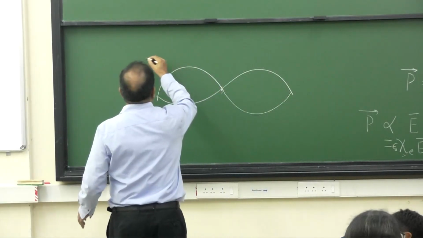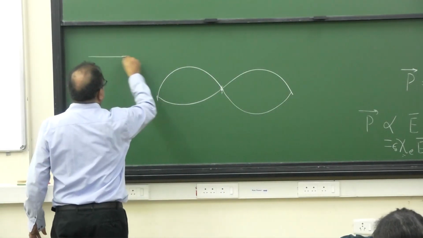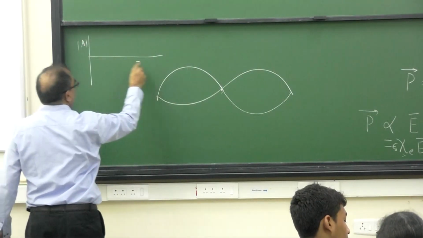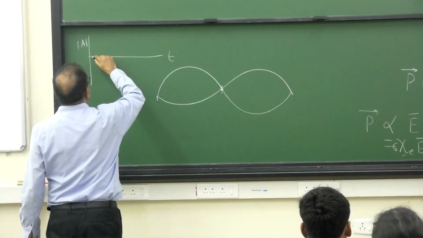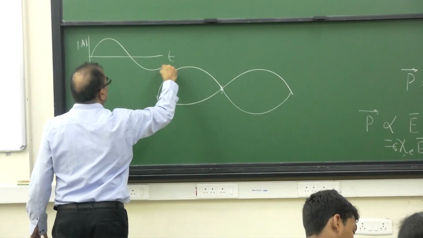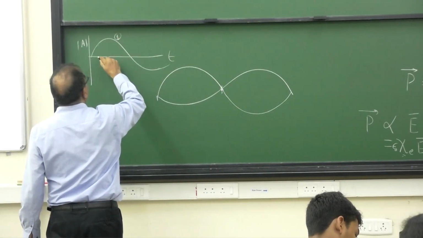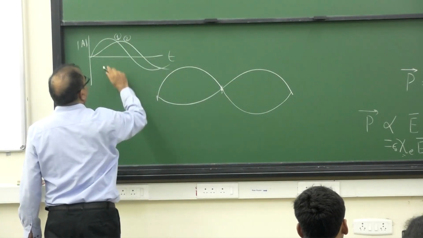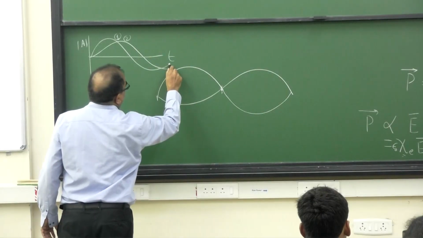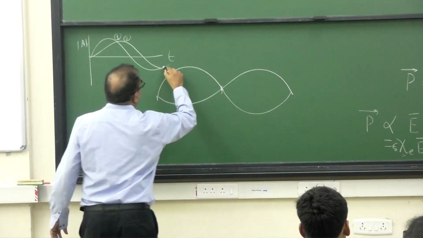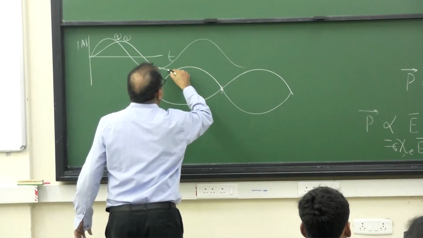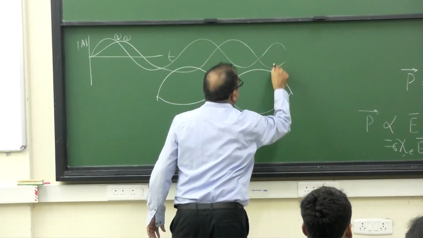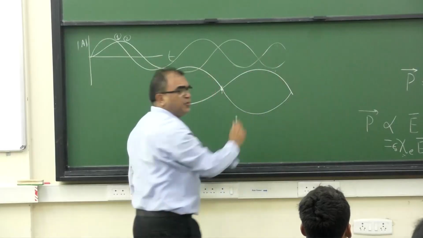Let us say, amplitude and time, this is one wave, wave number 1, this is another wave, wave number 2. You would realize that if I keep on drawing like this, at some point of time, this and this would come opposite to each other.